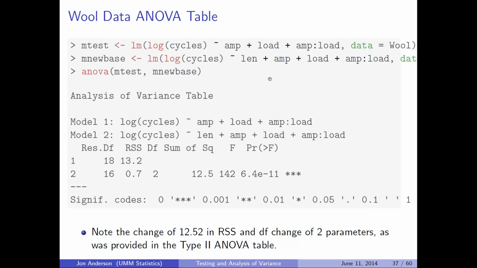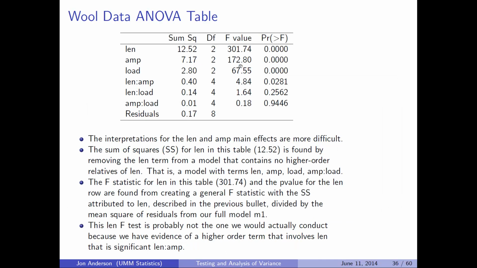You'd have your null hypothesis model that would not have length in it, and it would not have any higher order relatives, and then the alternative hypothesis has length, and then the amplitude and load terms, and this is where the 12.5 sum of squares comes from, corresponding in this table.